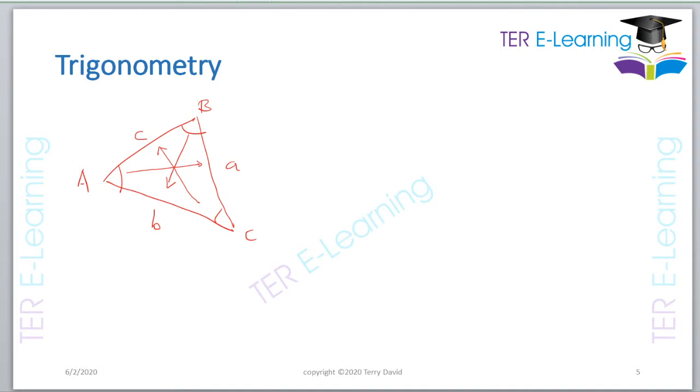Right, so Shirisa is saying 180 degrees. That is correct. So when we add up A plus B plus C, we're going to get 180 degrees, right?